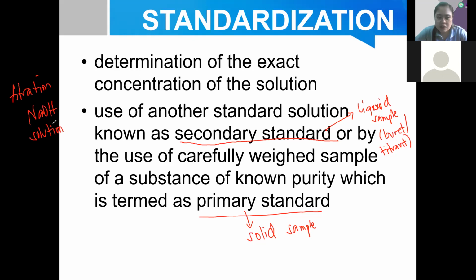Meaning, the one conducting the experiment there was looking for the concentration of the NaOH solution. But I think what was used there is a primary standard. I think what was used there is potassium acid phthalate.